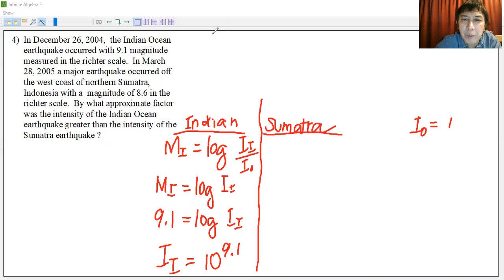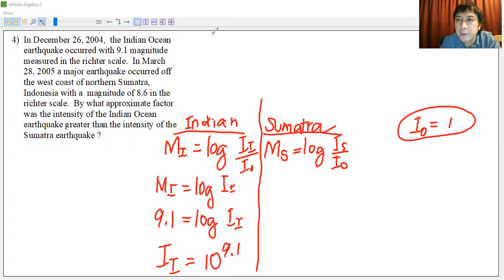And we have the same formula, only this is now MS. And this is logarithm of the ratio IS over I of 0. Again, I of 0 is the lowest, smallest seismic activity set to 1. This equation reduces to MS equals log IS.